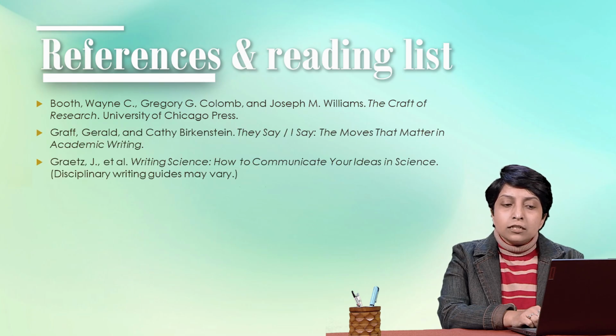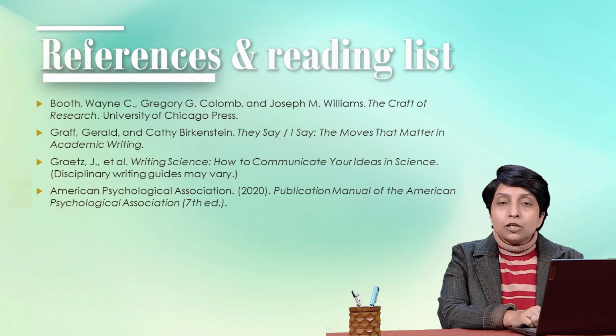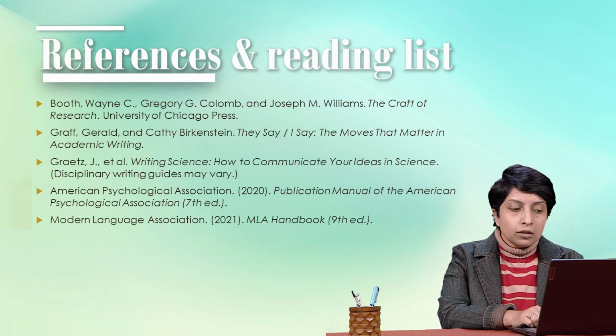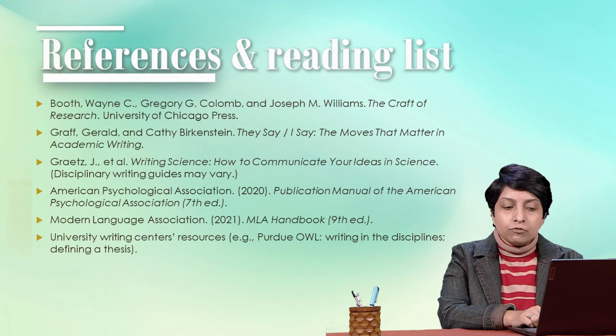How to Communicate Your Ideas in Science. Publication Manual of the American Psychological Association, that is the APA 7th edition. The MLA Handbook, 9th edition. University Writing Center resources like Purdue OWL, Writing in the Disciplines. These can be very helpful starting points for our students.